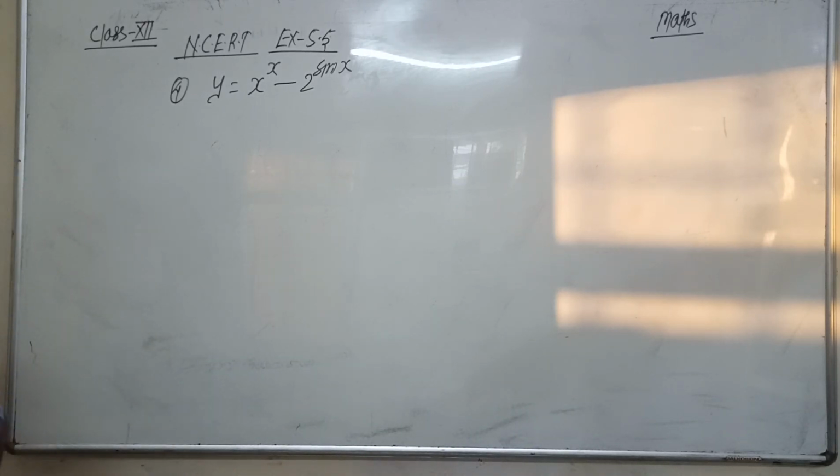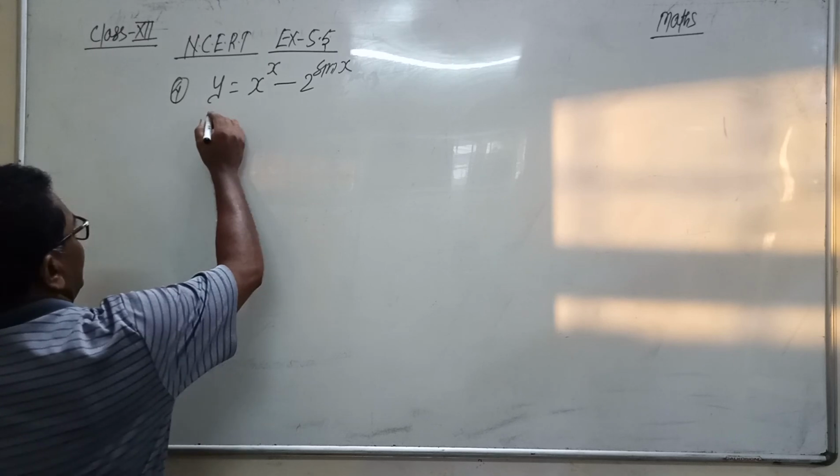If there is more than one term, then we can't take log directly. If both sides, LHS and RHS, have a single term, then we can take log. If there are more than one terms, then directly we cannot take log.